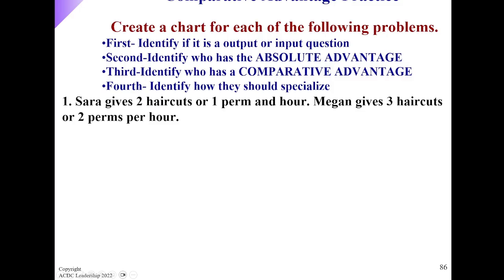Megan has the absolute advantage in both. She's producing more haircuts and more perms. But Sarah only has to give up half a perm in order to produce a haircut, whereas Megan has to give up 2/3 of a perm. So 2/3 is more than 1/2, meaning that Sarah specializes in haircuts and Megan specializes in perms.